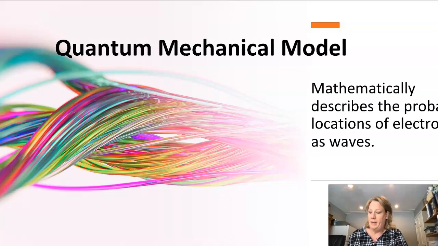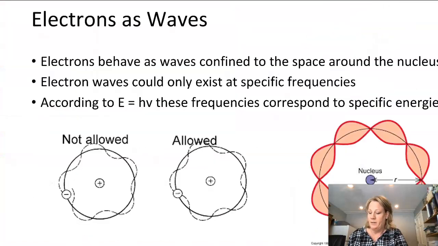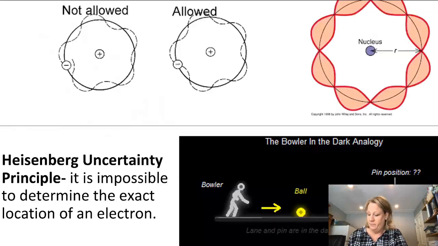So this is all based on electrons being waves. The allowable energy levels really have to do with specific frequencies of the electron waves. You don't really need to write anything here, but just appreciate that electrons have that dual nature, just like light.